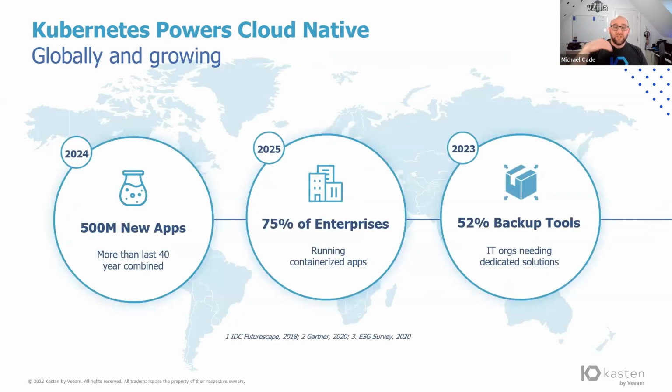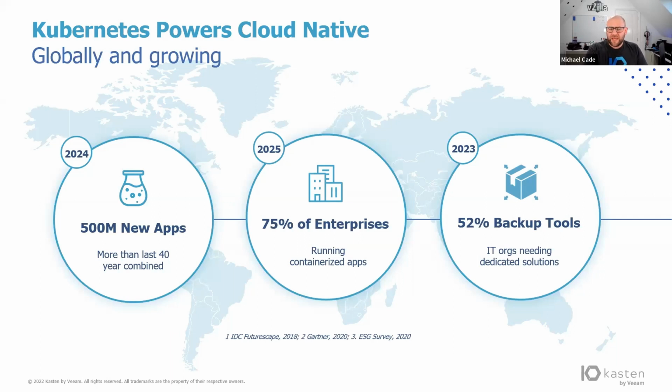So obviously I've mentioned quite a few times how this is growing exponentially, and this is from IDC. In fact, this is from IDC, Gartner, and ESG, so all of the major analysts, and you can see what the forecast looks like. If we think that we're already moving quite quickly in the direction of cloud native, you can see here that 500 million new apps will be living in a cloud native environment such as Kubernetes, and that's more than the last 40 years all combined.